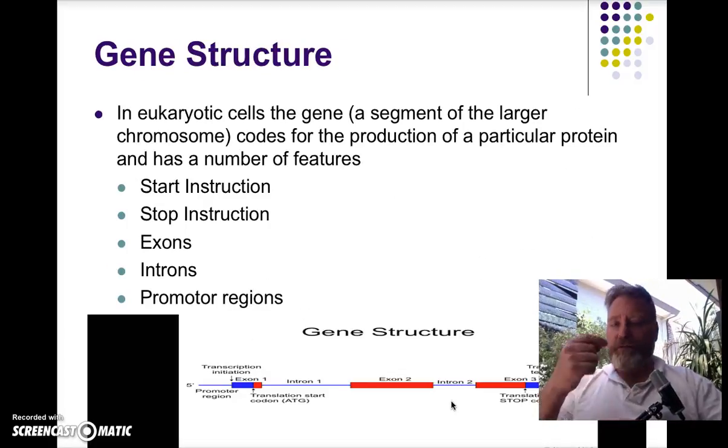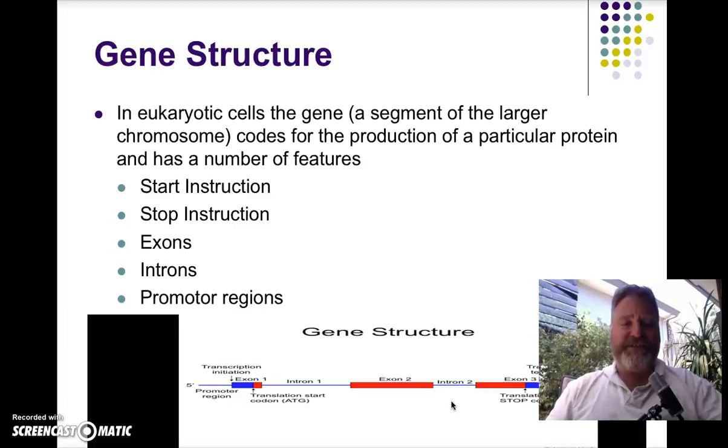So this leads us to a discussion about what a gene is, and there are a few really important components to a gene. There's a start instruction, a stop instruction. We've already talked about exons and introns, and this idea of a promoter region. These will all become very important.